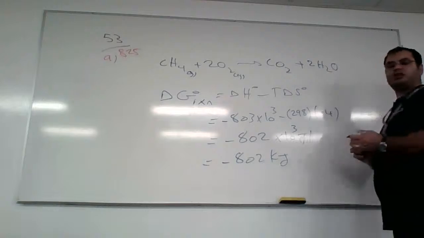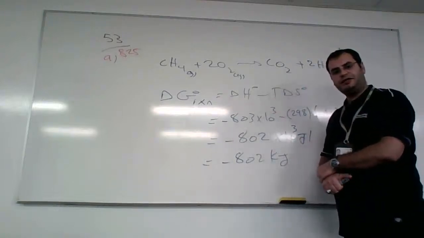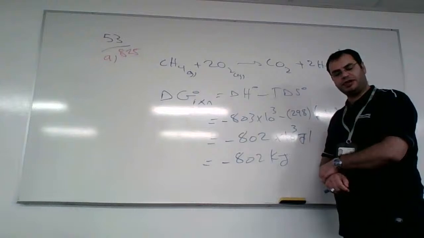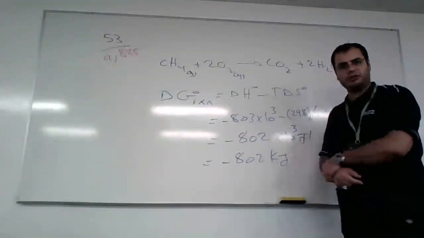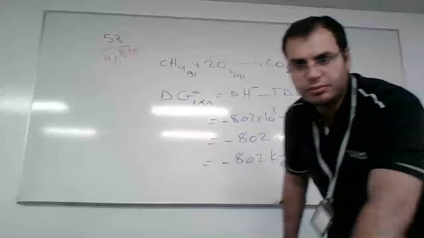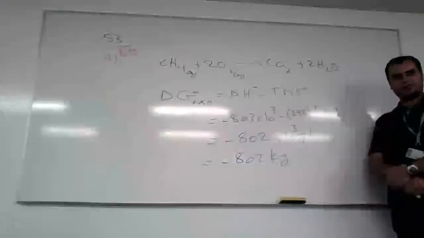Don't forget what you got when you solved it using the free energy of formation of compounds and elements? We got 801. So it is within the error. Okay, guys.